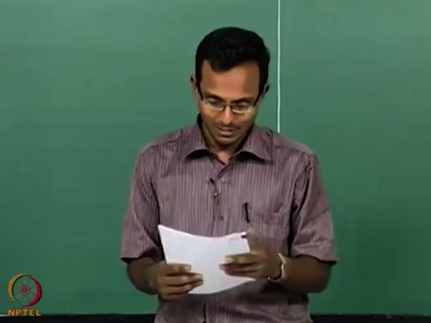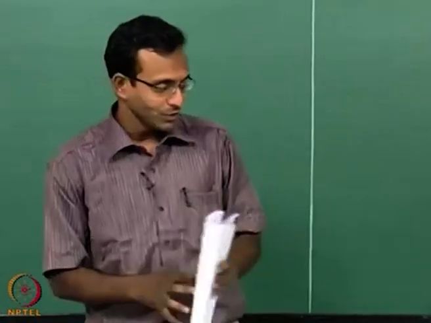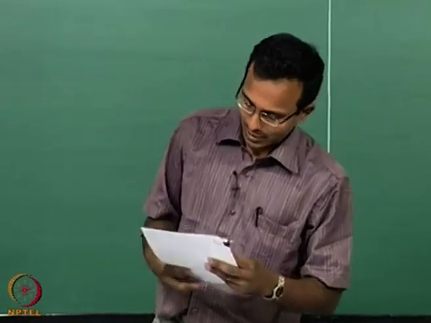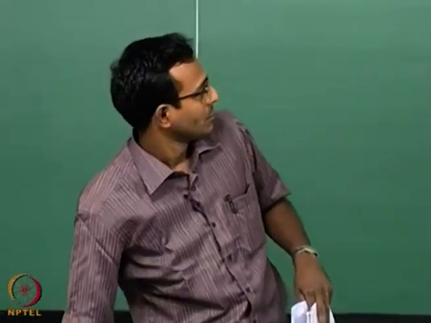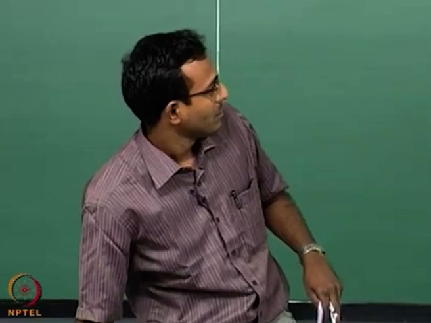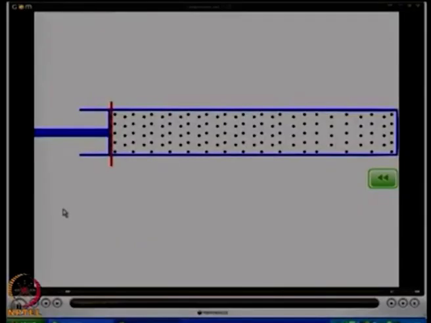We will analyze it from now onwards, but before that I want you to recap the problem which we already did on moving shocks. Let us go to the screen. You have seen this animation already.